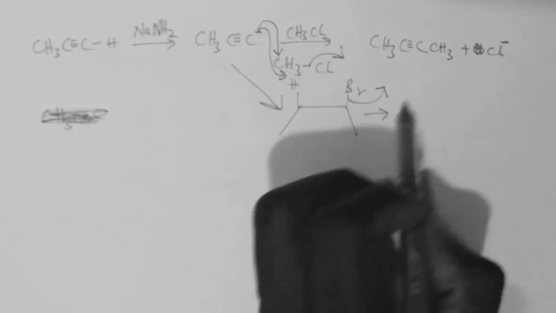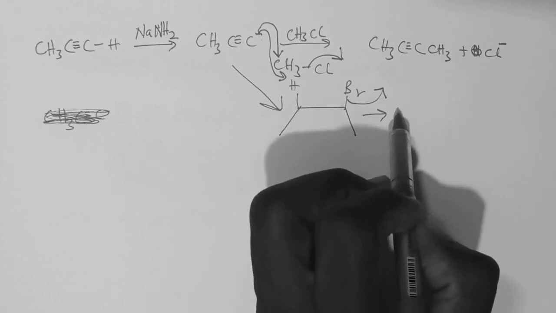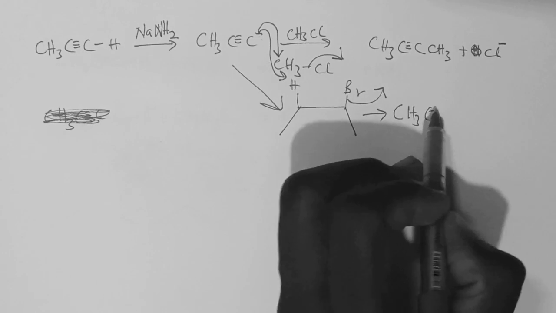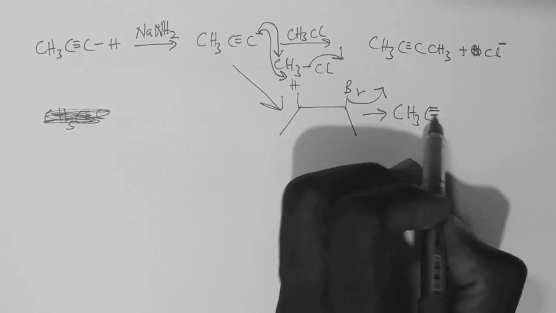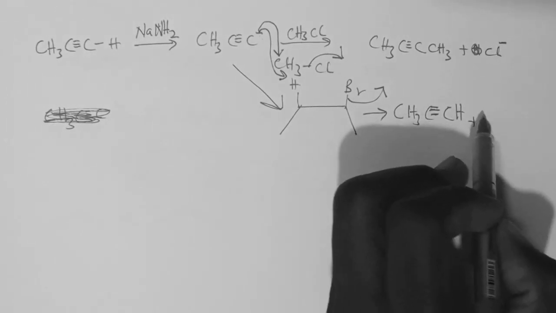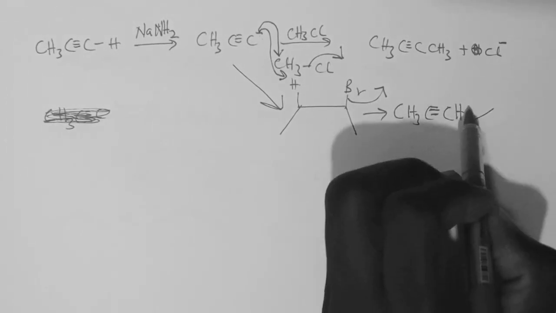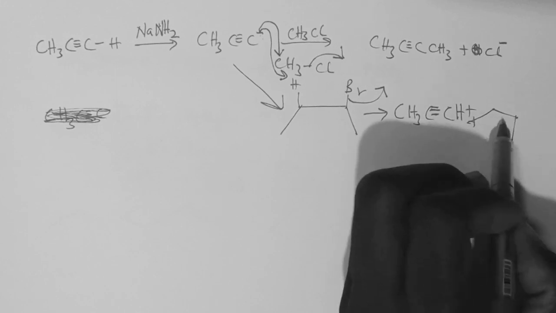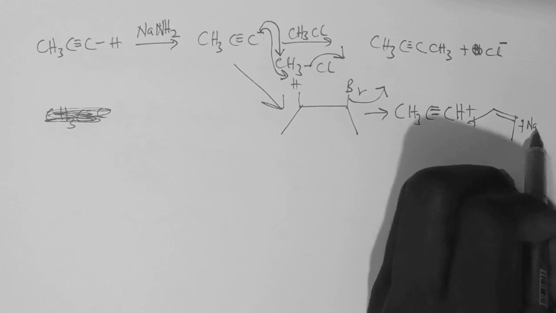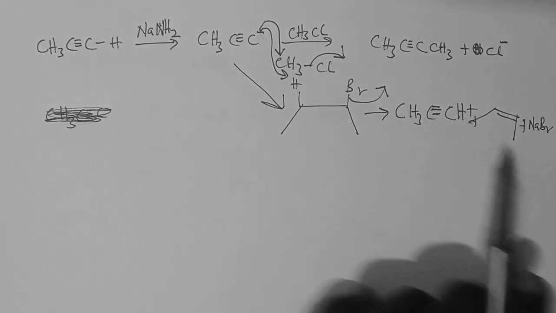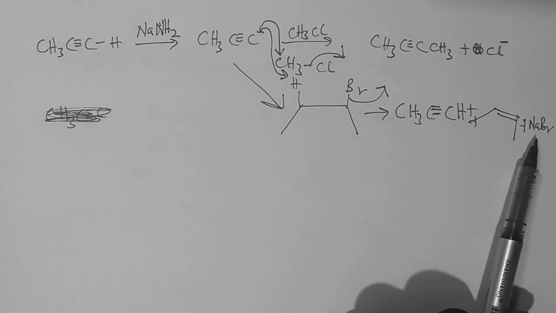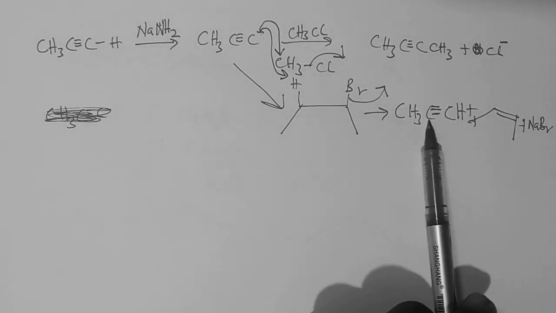Therefore, in solution, we are going to form back CH3, C triple bond CH, and an alkene, plus sodium bromide. So this is how this reaction will go.